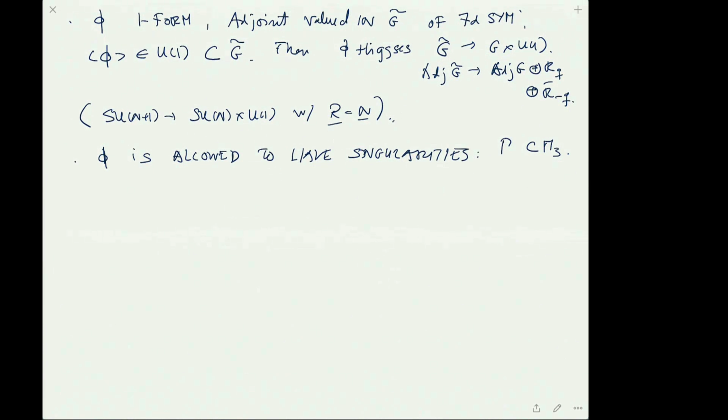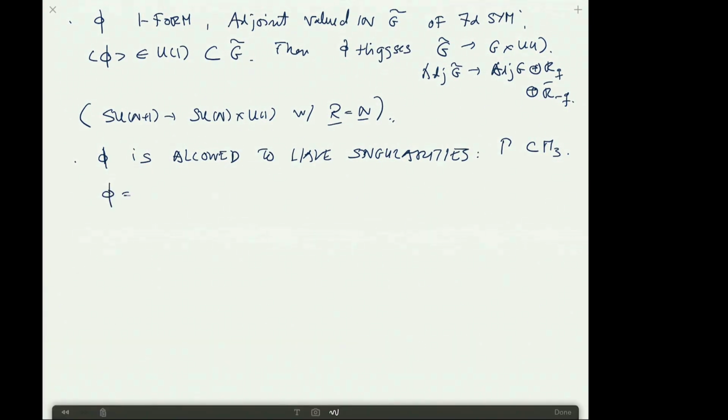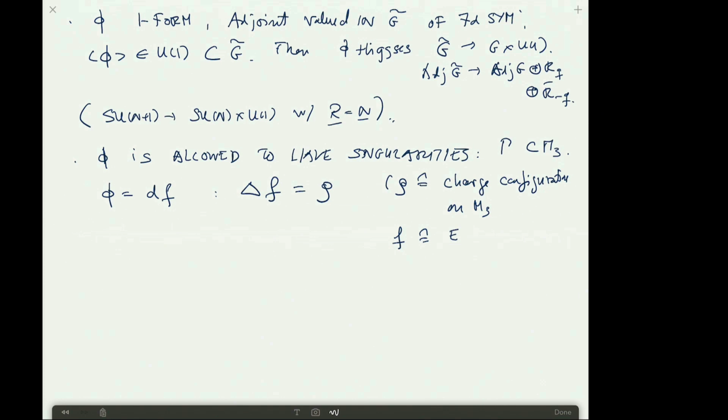So in fact, the singularities I can now model by writing phi as df, and then the singularities are essentially saying I have delta f is equal to not 0, but actually rho, where now rho I should really think of as some charge configuration on M3, and then f, where df is phi, is just the electrostatic potential.